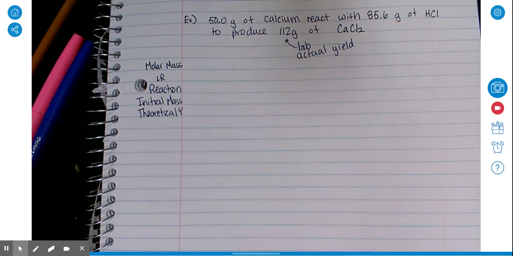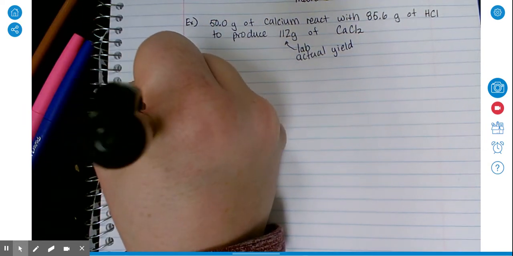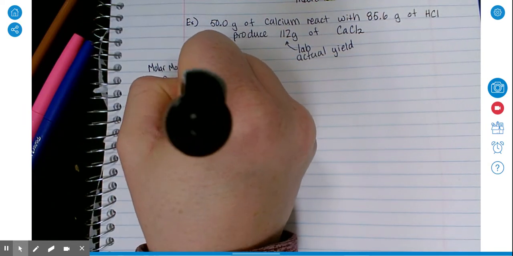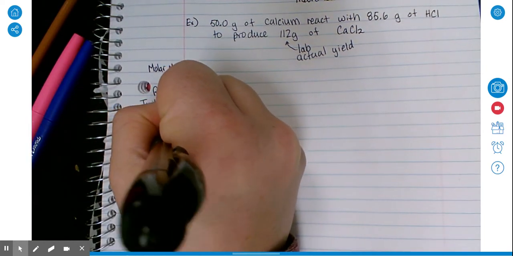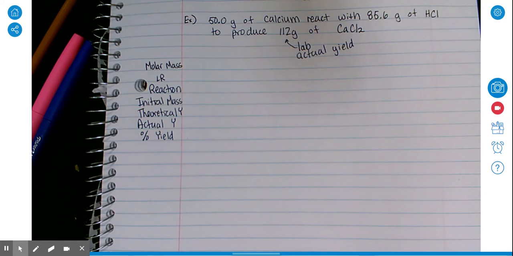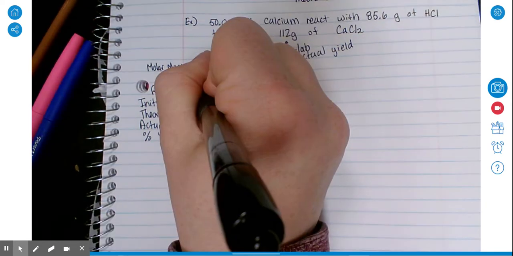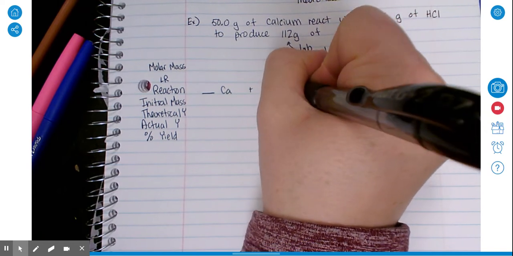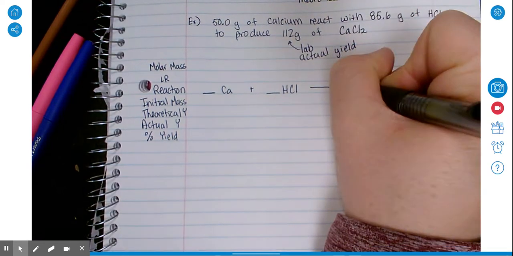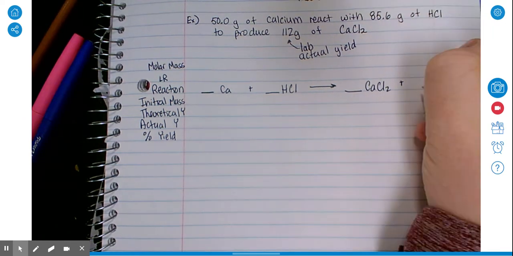Compare that to our actual yield and calculate, I lied, it's 2 extra lines, a percent yield. Okay, so big table. Started off our reaction. Calcium is combining with hydrochloric acid to produce a calcium salt, CaCl2, and hydrogen gas.